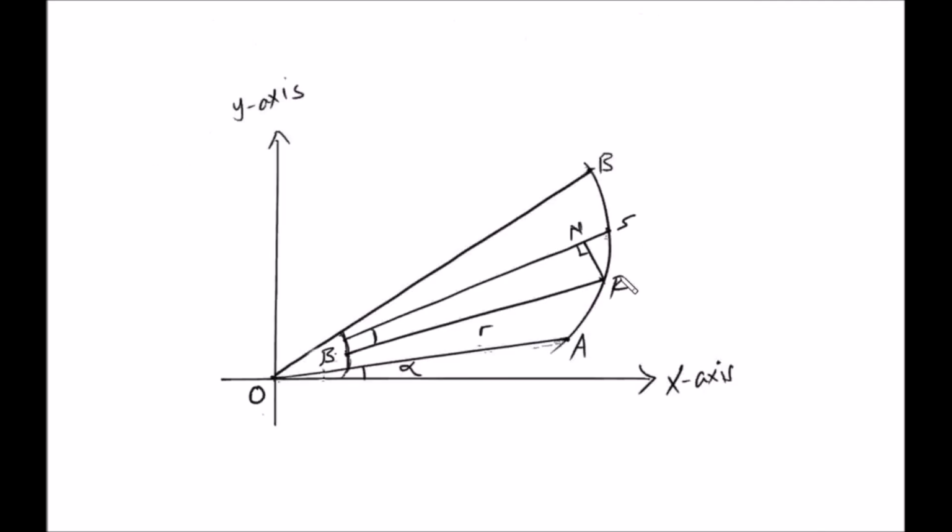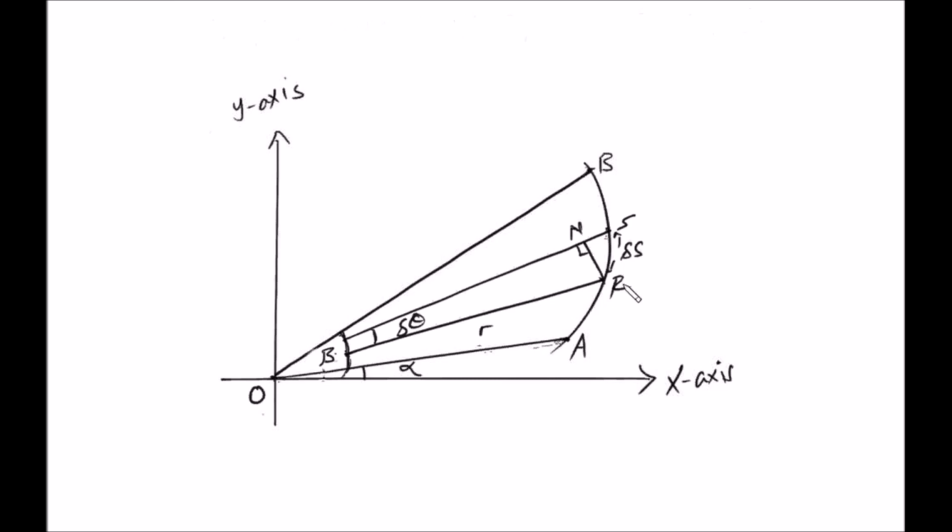So you see RS. Sasa urefu wa RS ni delta S. Sasa nimechora mstari from S to the origin OS. Alafu nimechora mstari from R to the origin OR. Sasa hii mistari angle between them ni delta theta.